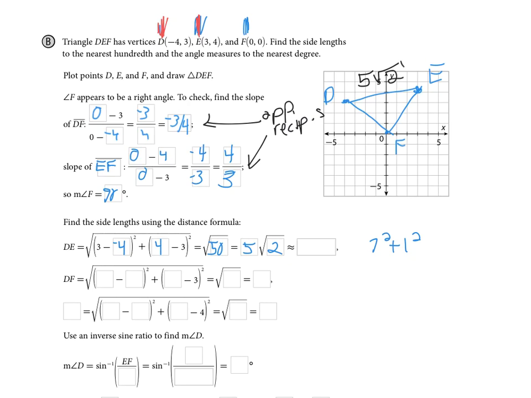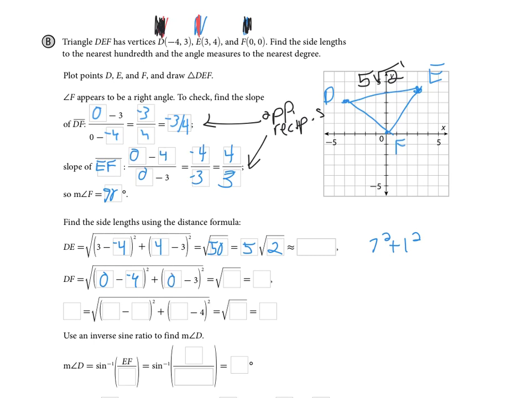DF, if we were to find the distance there, D, make it black now, and F. So we're going to look for DF to be 0 minus -4 for our x's, and 0 minus 3.